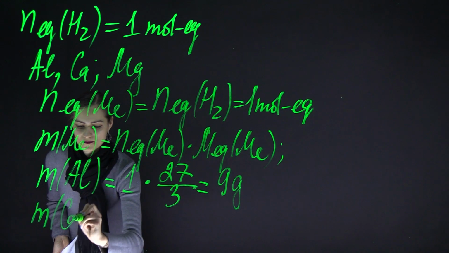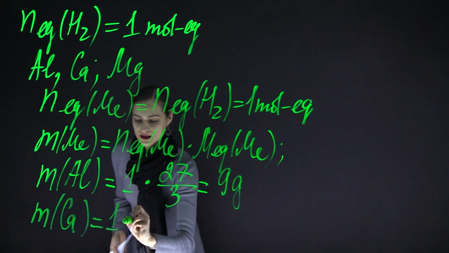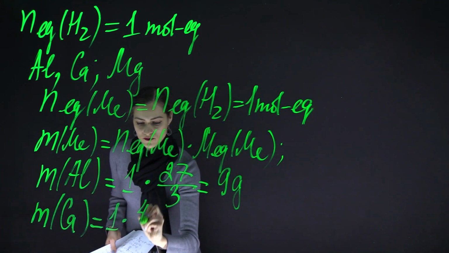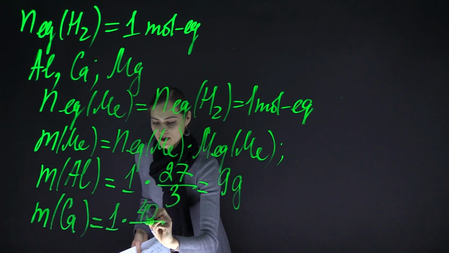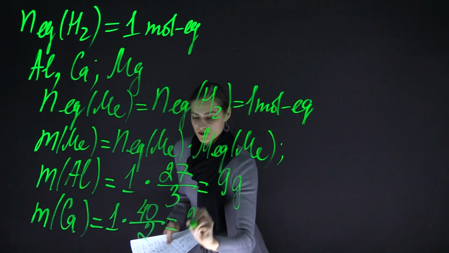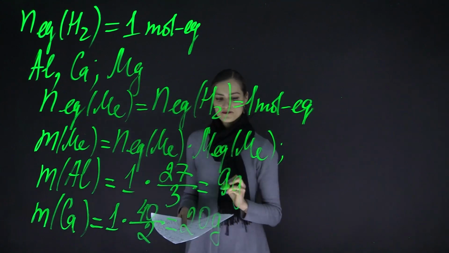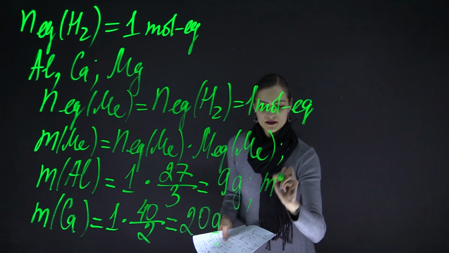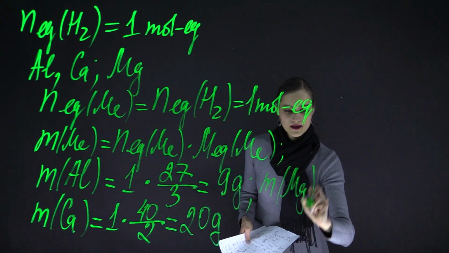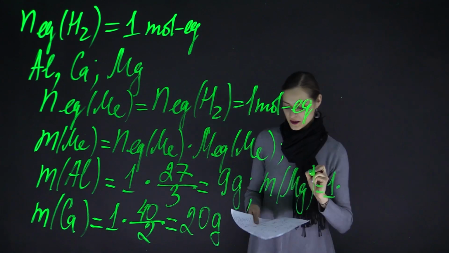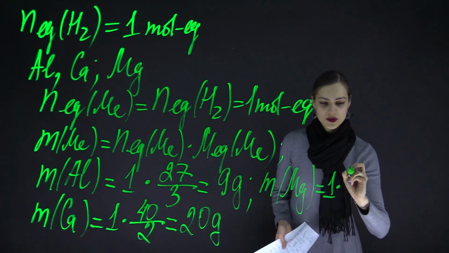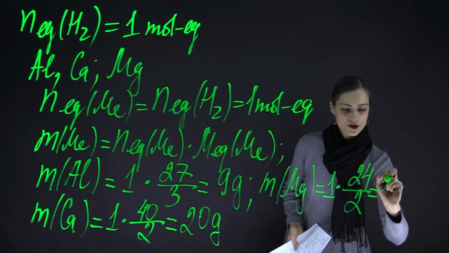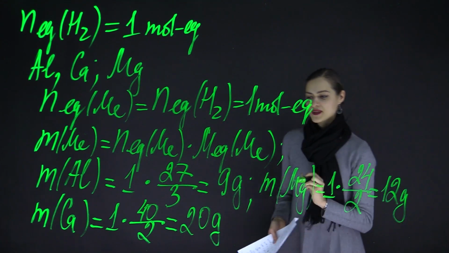Mass of calcium: 1 equivalent of calcium is the atomic mass of calcium, 40, divided by the valency of calcium, 2, so we have 20 grams. And for magnesium, the same situation: 1 equivalent, atomic mass for magnesium 24, valency 2 as well, so we have 12 grams.